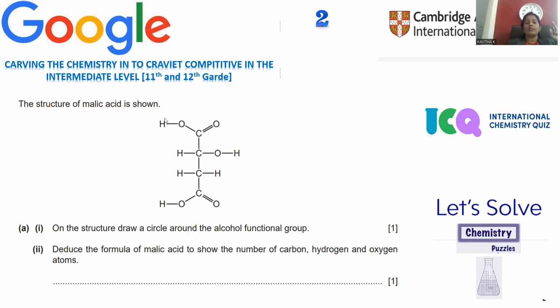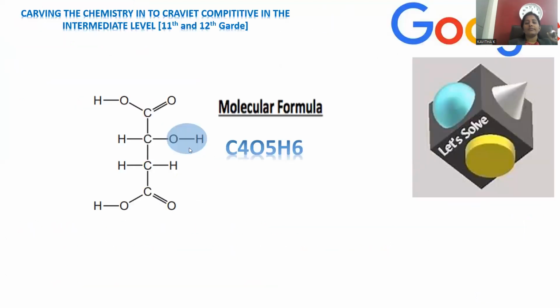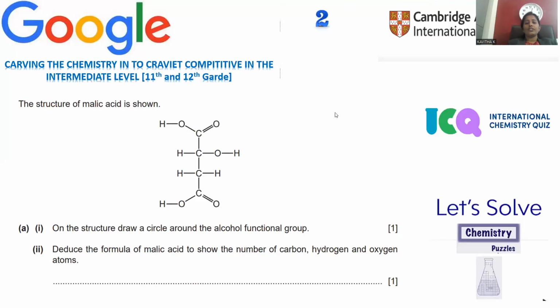COOH, all together carboxylic acid. Here also COOH, all together carboxylic acid. Hence the OH is only one, that is the second carbon OH. And the second question in this category is, deduce the formula of malic acid to show the number of carbons, hydrogens, and oxygen atoms.